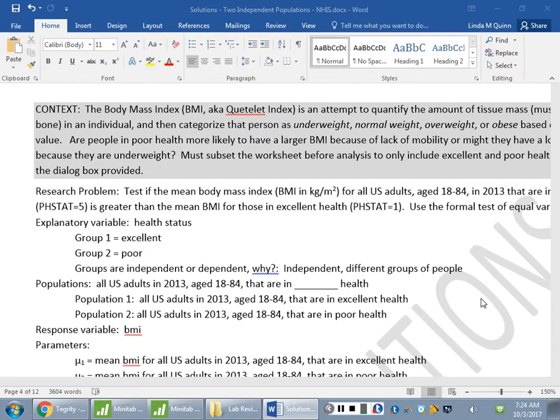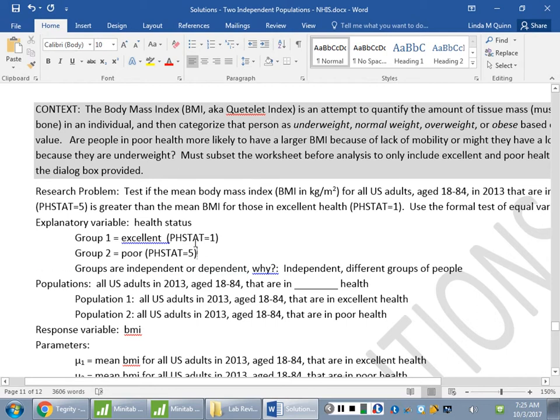And so once again, setting up our study here, or our context section, first thing is to see what two groups we're comparing. We're comparing pH stat equal 1, which is excellent health, to pH stat equal 5, which is poor health. I put those in this order because 1 would be the first group numerically.